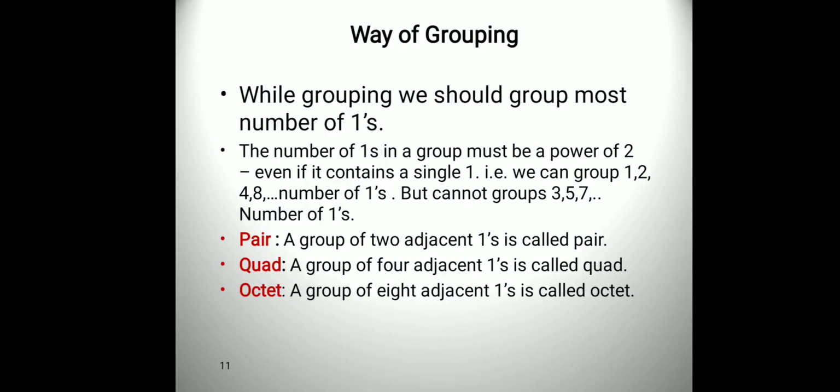We can group 1, 2, 4, 8 number of ones, but cannot group 3, 5, 7 number of ones. In a group, first is a pair. A group of 2 adjacent ones is called a pair. Group of 4 adjacent ones is called a quad. Group of 8 adjacent ones is called an octet.